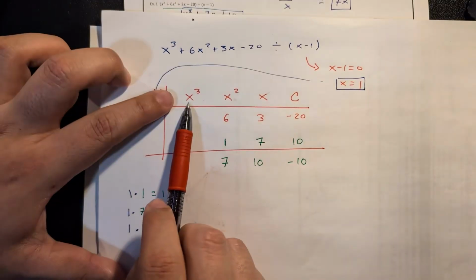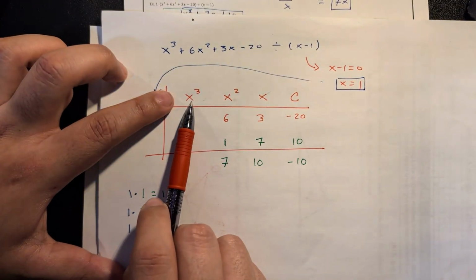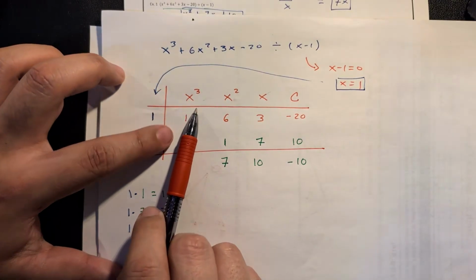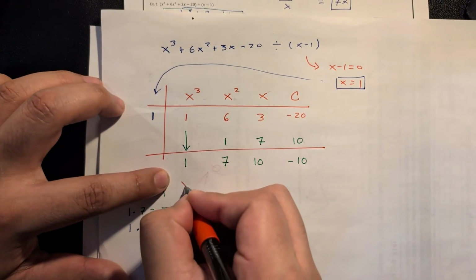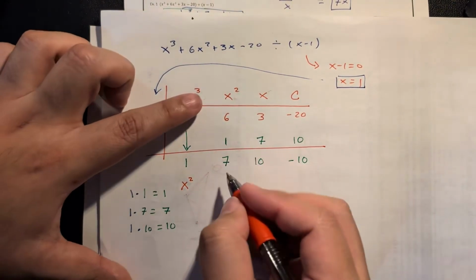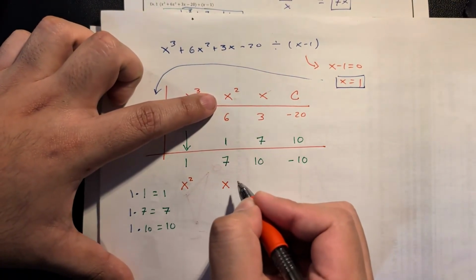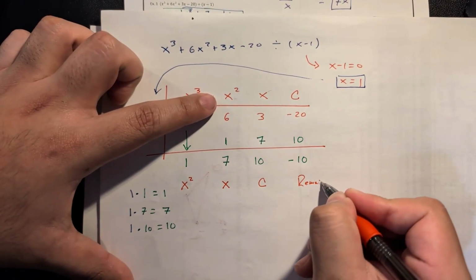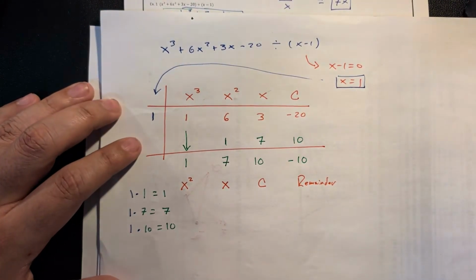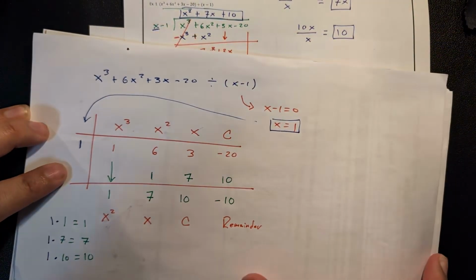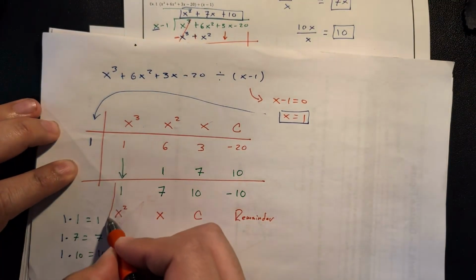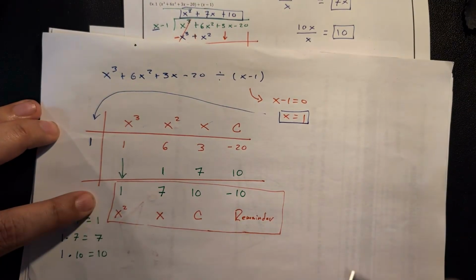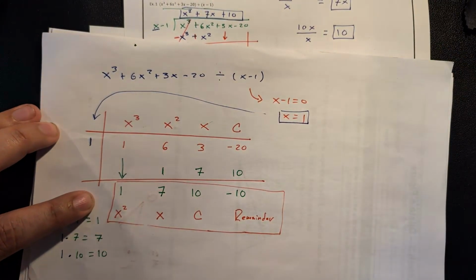Okay, so here, since we started with x to the third, we're just going to decrease in power by 1. So here, I'm going to write x squared, and then x, and then the constant, and this is going to be my remainder. So this is going to be my answer, but we got to rewrite it to make it easier to read.